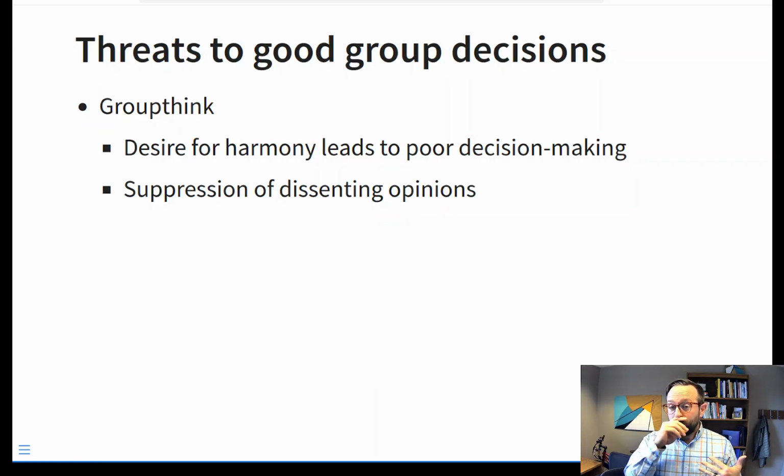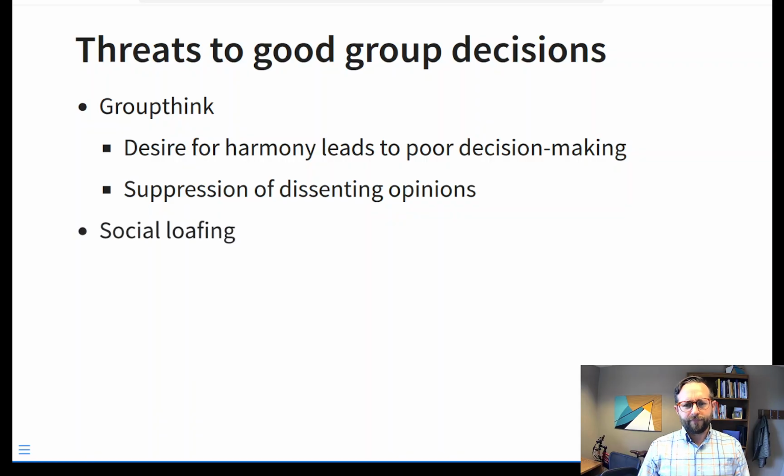We might care more about the harmony of the group than reaching the right answer, or there might be a boss or a manager who has power and who has a bad idea, but we don't want to correct them for career or social reasons. We get to groupthink. The second version, we talked about a little bit before: if there's too much homophily in a group, then maybe there just aren't people who have alternate opinions, and so we have groupthink because we all are too similar to each other.